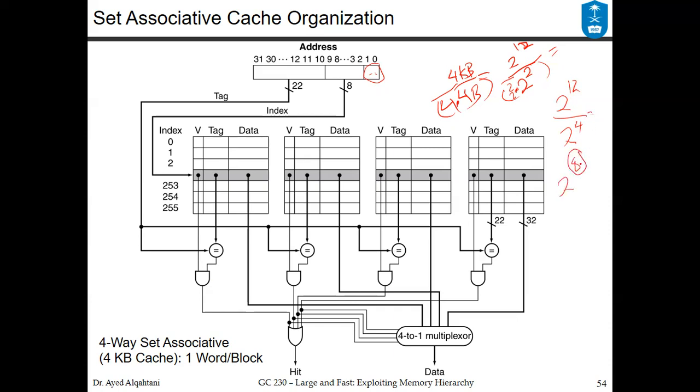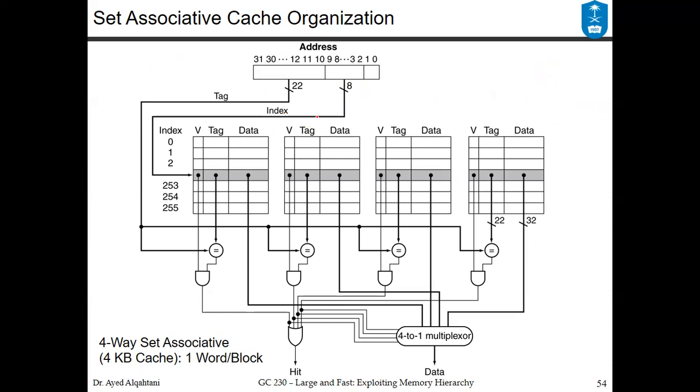And from this, you know now that you have 8 bits in the index. And the remaining bits for the tag is 32 bits, the full address, minus 8 minus 2, which is equal to 22. Now, what happens if you access the cache? You get the index from these 8 bits.